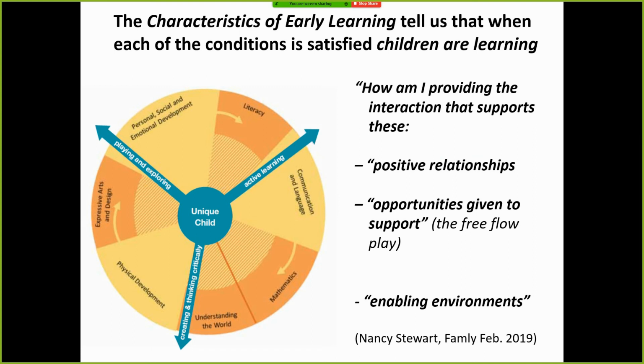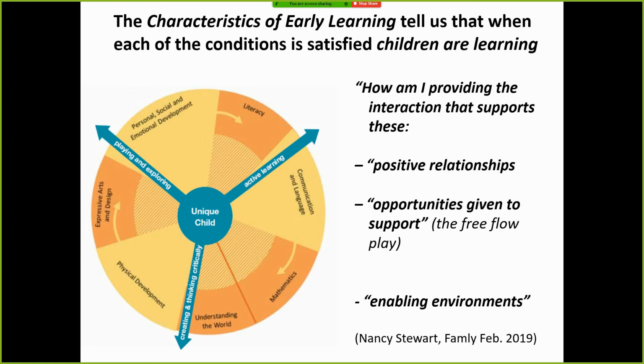The way that they were represented in the original Development Matters was, I think, pretty clear that the characteristics were conditions that needed to be satisfied to show that children were learning.